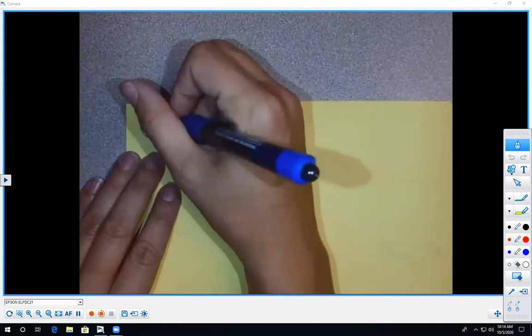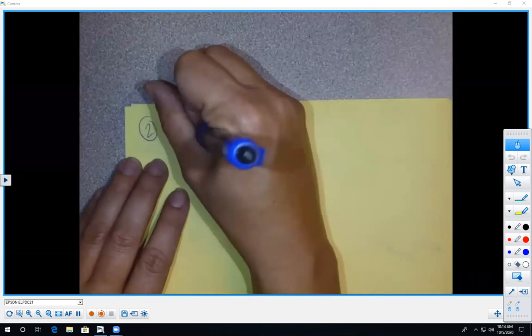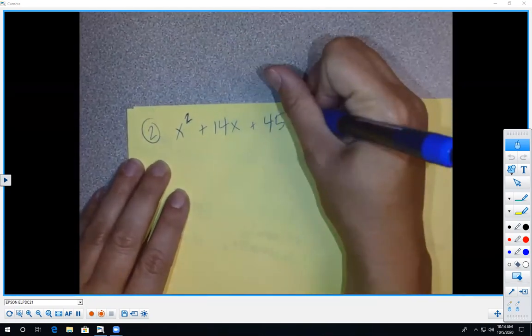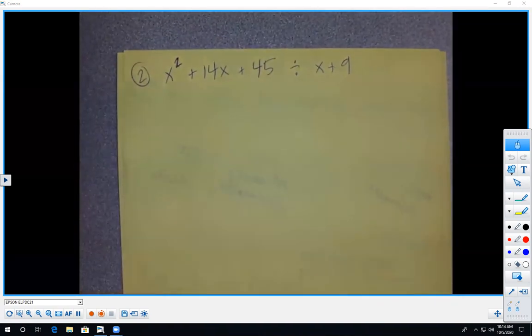So let's do x squared plus 14x plus 45 divided by x plus 9. This one's pretty easy also, just getting the hang of it.